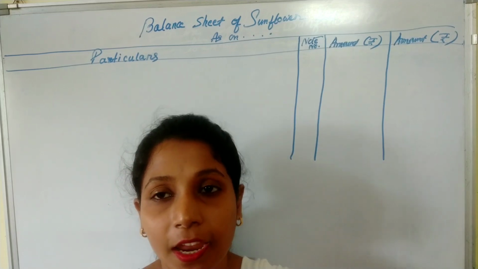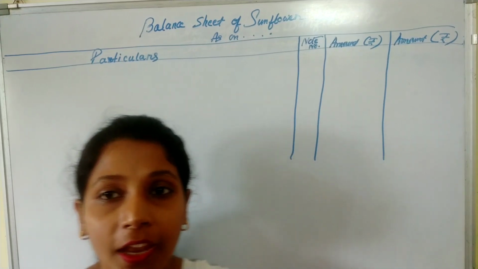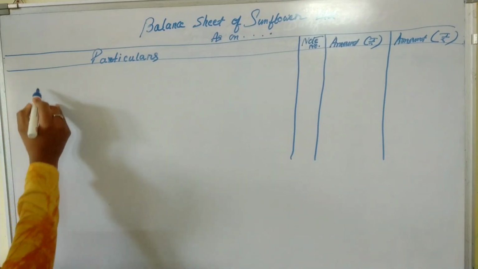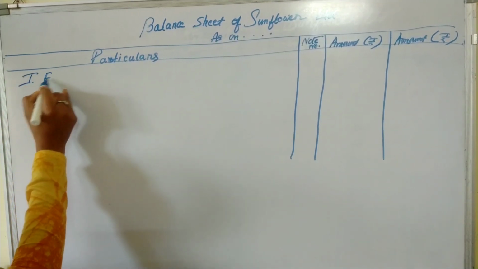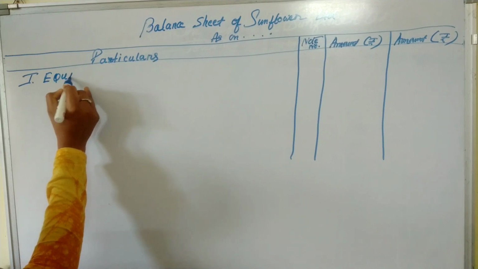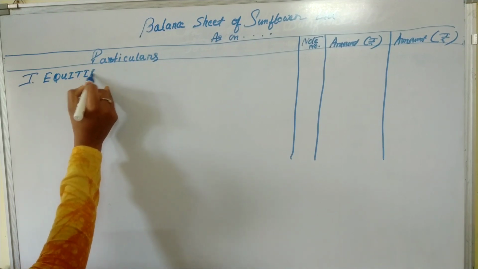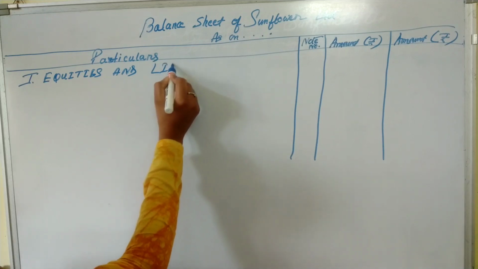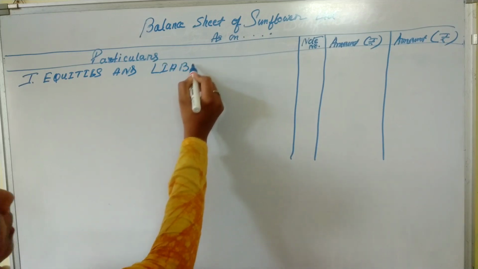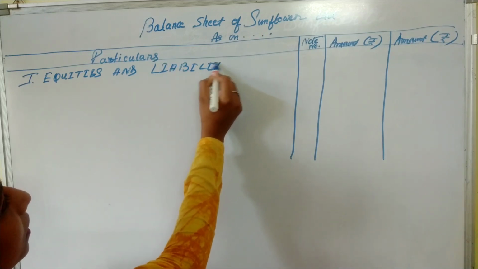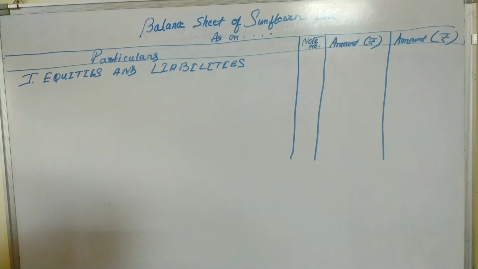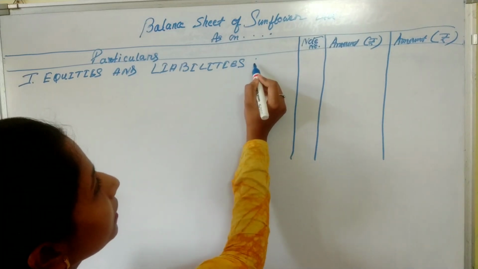So in this format of balance sheet, first of all the head is equity and liabilities. We will write here equities and liabilities. So our first head is equities and liabilities. Now under this head, the subhead is shareholders' funds.